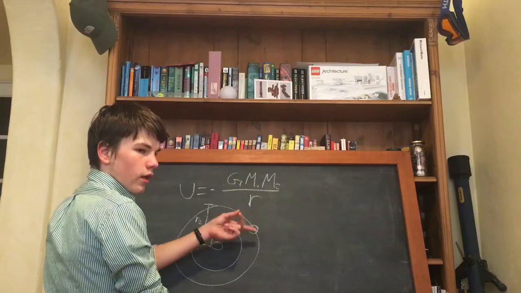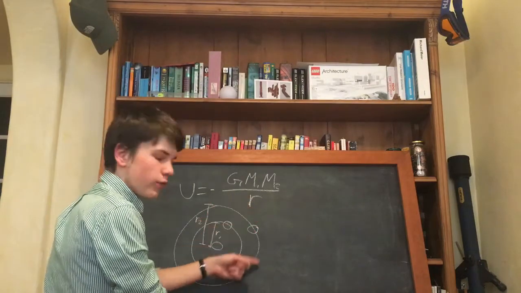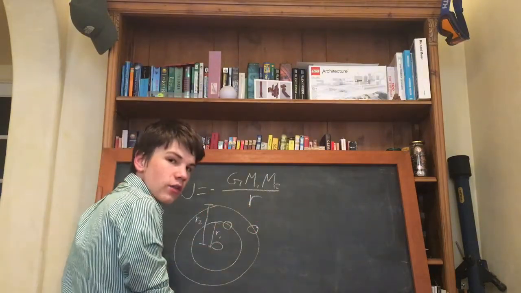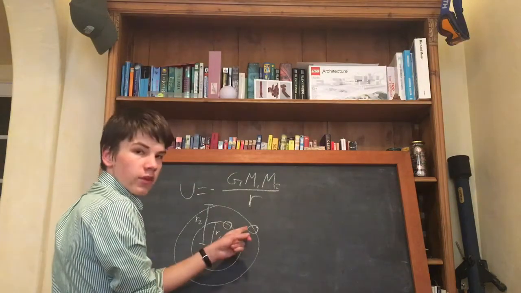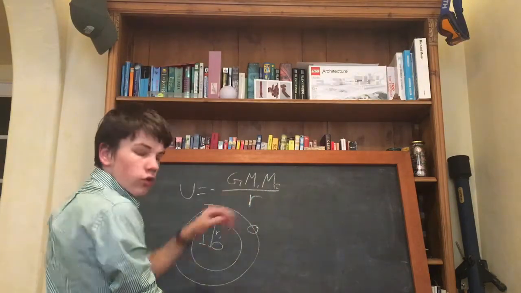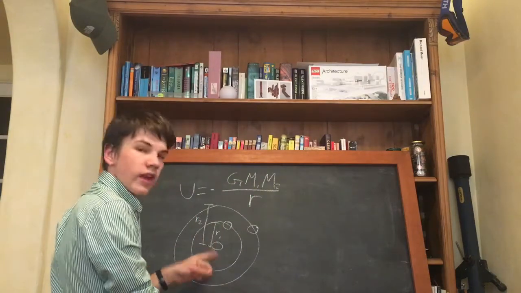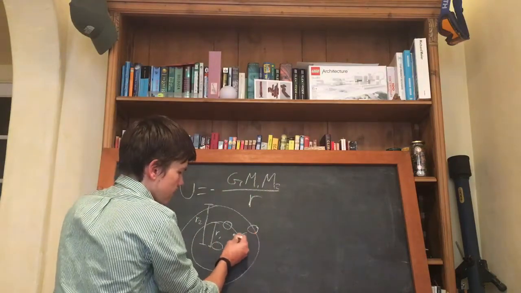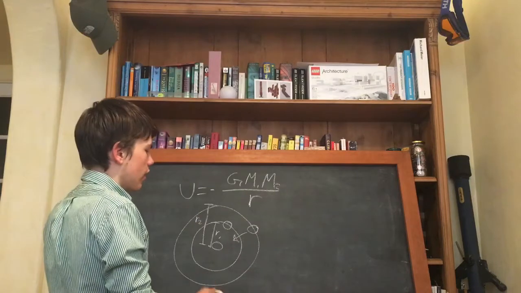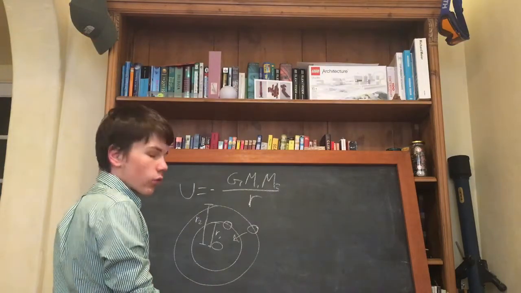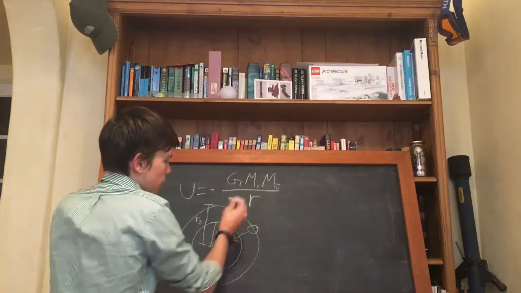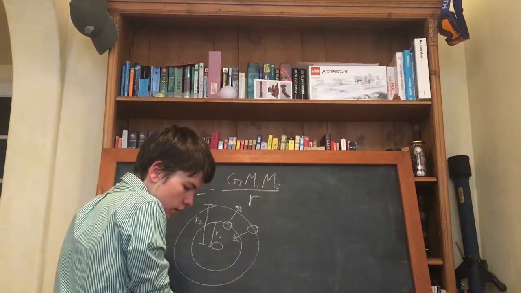So when the object is moving around its orbit, it does not require any work to be done. However, if the object moves inwards towards the orbiting center, it requires negative work. However, if this object wants to move outwards, it would require positive work. All right.